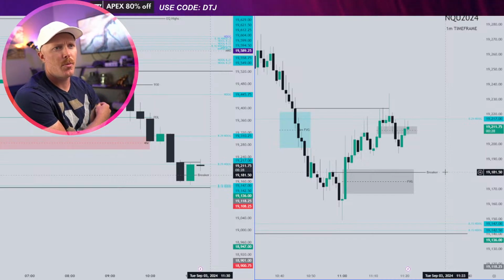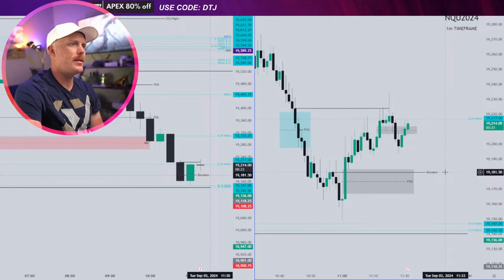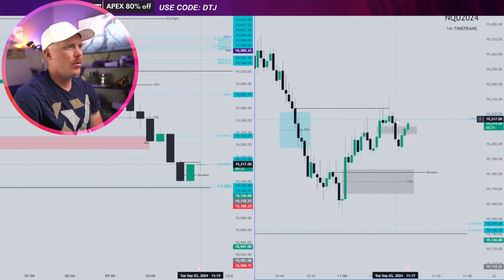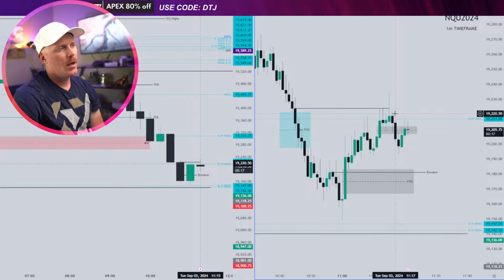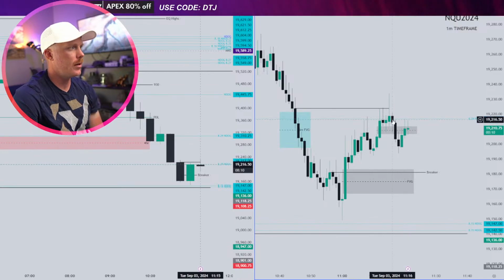If you are understanding price action, we need a very strong bullish close above 19,218. So, I don't care if we get a bullish reaction here or not because I don't have an entry opportunity here.